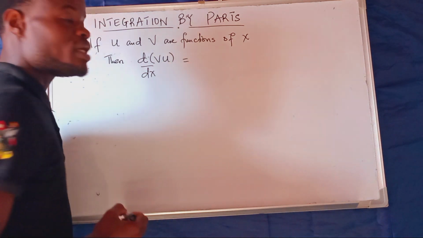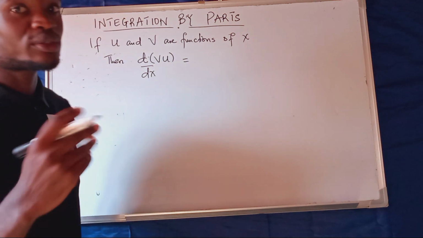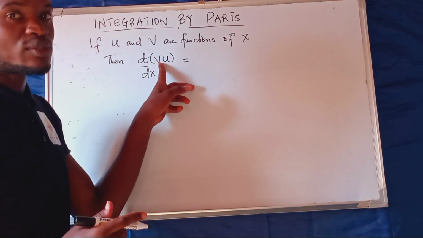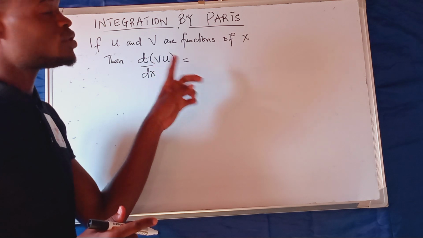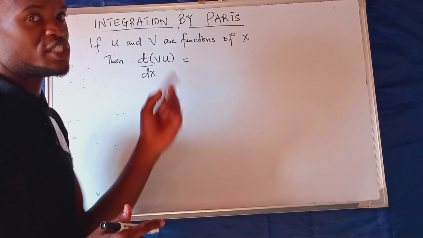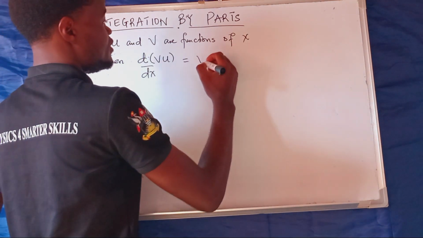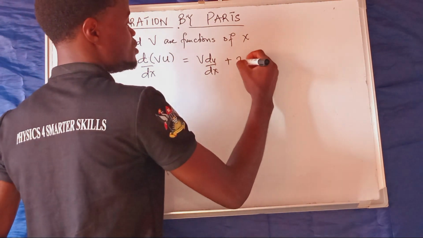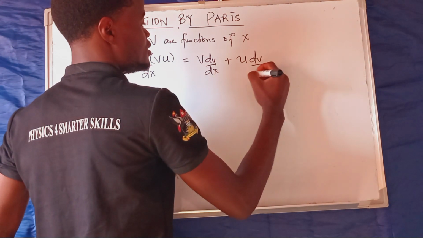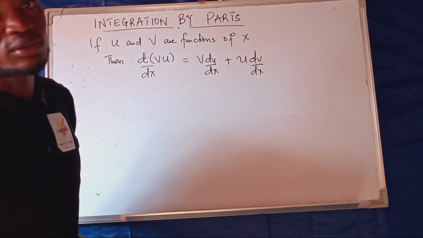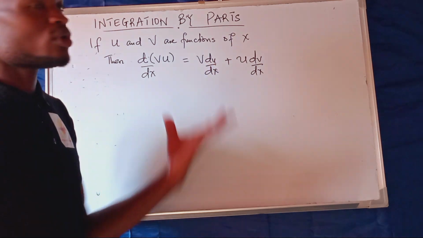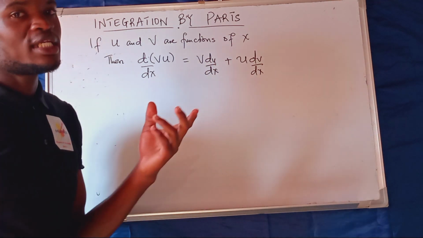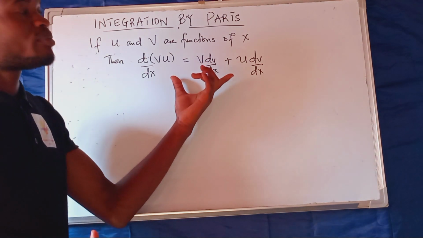The product rule tells us that we keep one function constant and differentiate the other, and we also keep the other function constant and differentiate the first. So it is v du by dx plus u dv by dx. This is what the product rule tells us. Hope we all know this. So we are deriving this technique from the product rule.